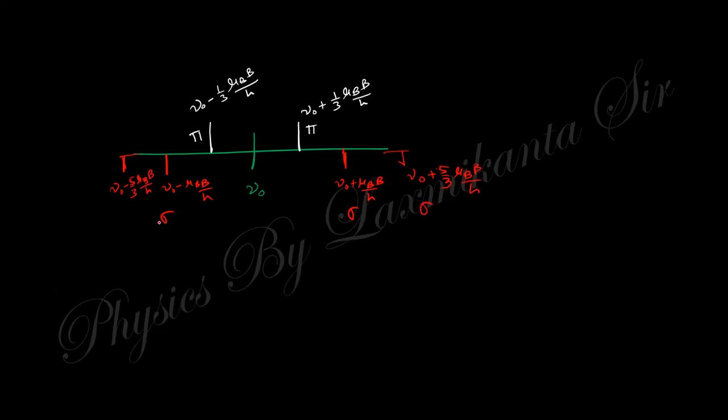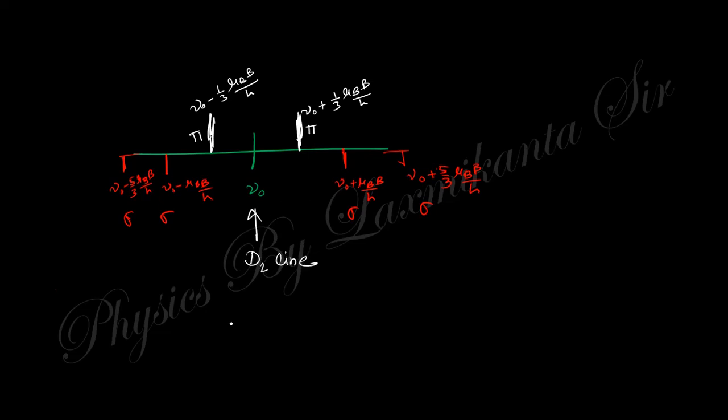These are also sigma components. The sum of the 2 pi component intensities must be equal to the sum of the 4 sigma component intensities, and this is for the D2 line.